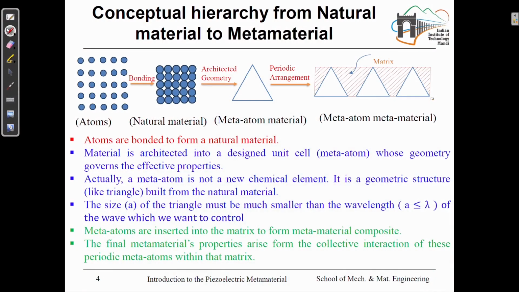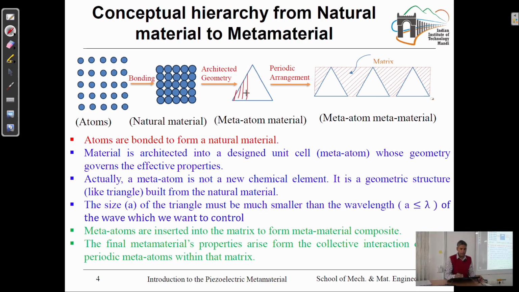So, this is a hollow triangle. We can even make a solid triangle. Or we can make this type of shape, or this type of shape, and accordingly we can have arrangement in this matrix.